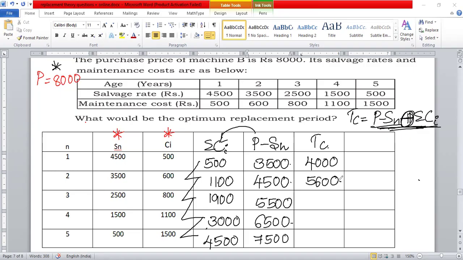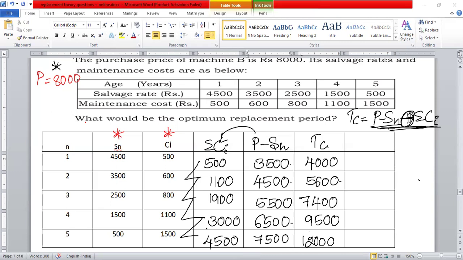Now 5,500 plus 1,900, so 7,400. 6,500 plus 3,000, so 9,500. 7,500 plus 4,500, so 12,000.